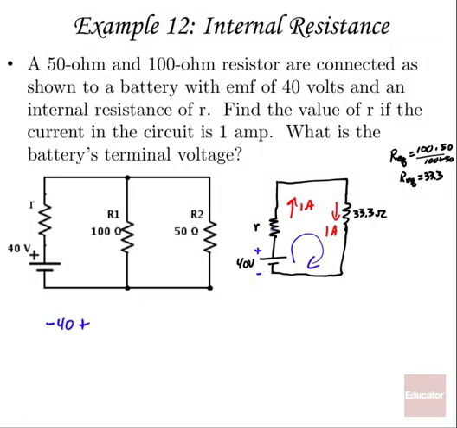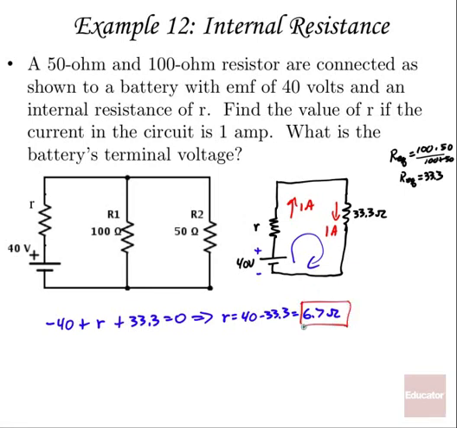Then I have 1 amp times R, so that's going to be plus 1R, or plus R, plus 33.3 times 1 amp, which is 33.3, must equal 0. So pretty easy to solve for this. R is going to be equal to 40 minus 33.3, or 6.7 ohms. We found the value of R.